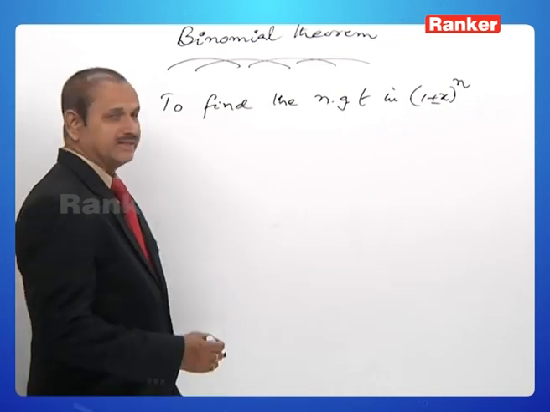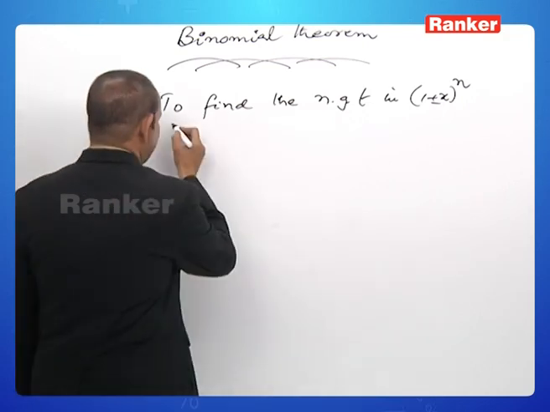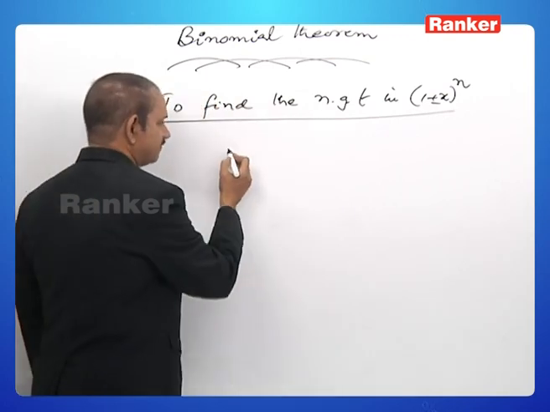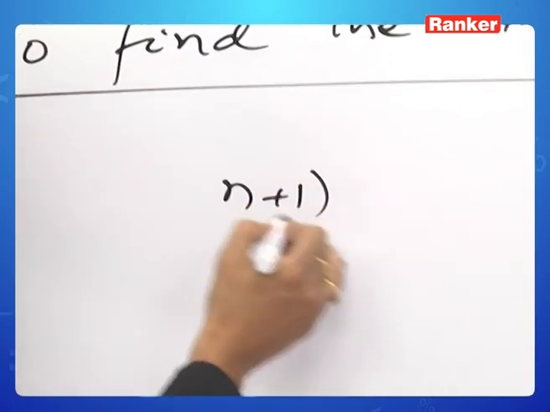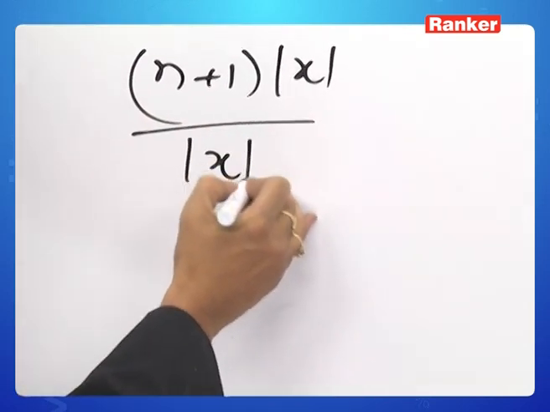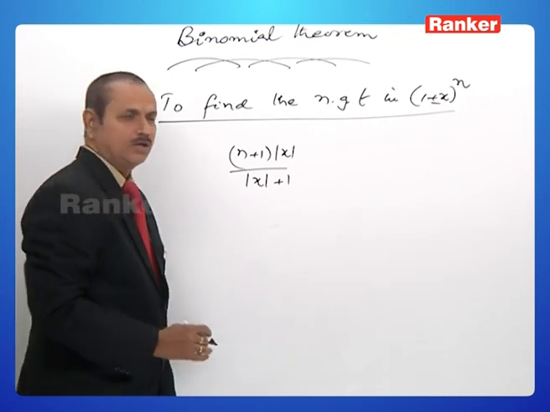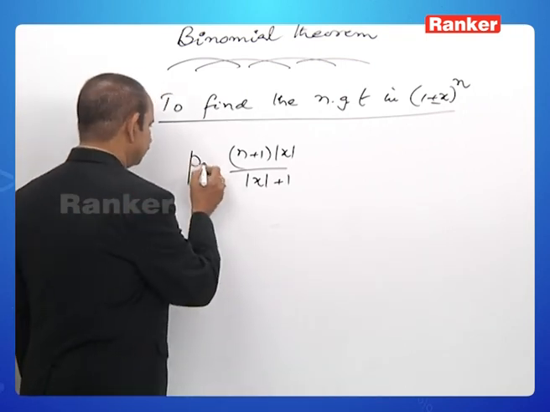The very first step is to find (n + 1) into mod x by (mod x + 1). You name it some p.